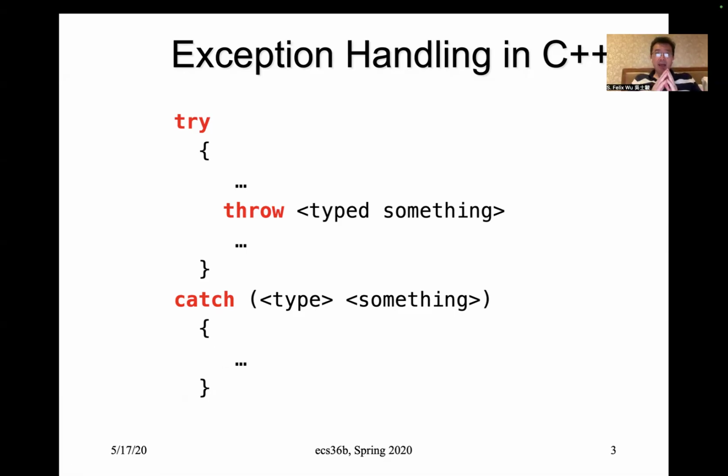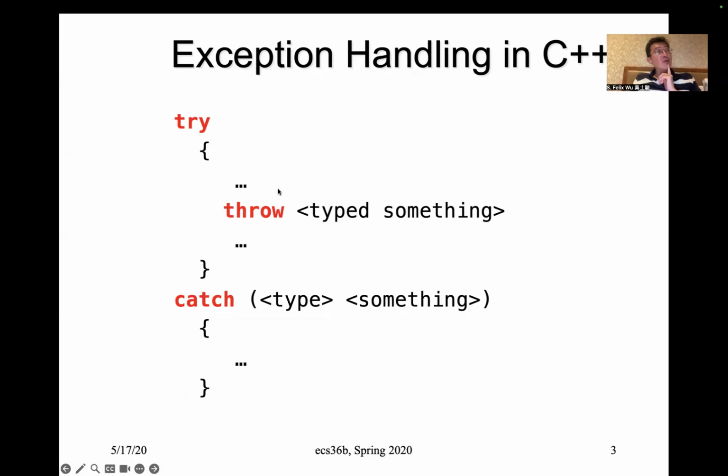Let's make an example. You try to do something, and in the middle you realize that there is an error condition. By the way, not all error conditions can be handled by exception handling, and we will show you an example of why sometimes certain things are uncatchable.